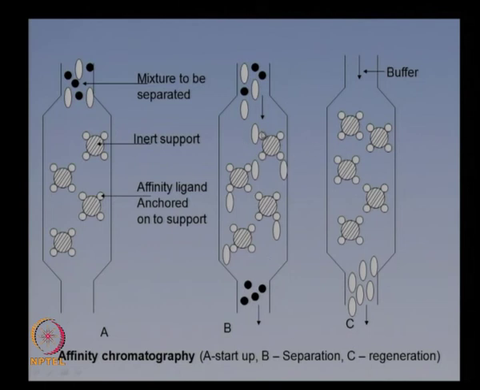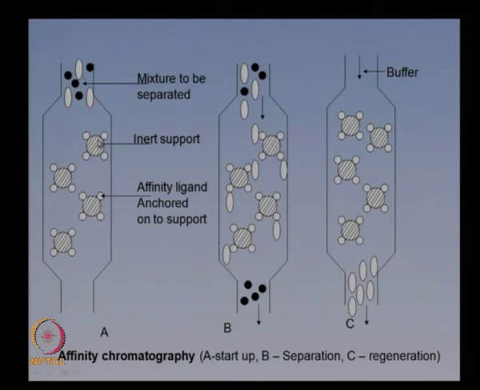Now how do you separate this protein? We change the buffer conditions, we change the pH, or we can change the temperature so that they get removed and they start traveling down. So we have on the inert support certain ligands anchored to the support.